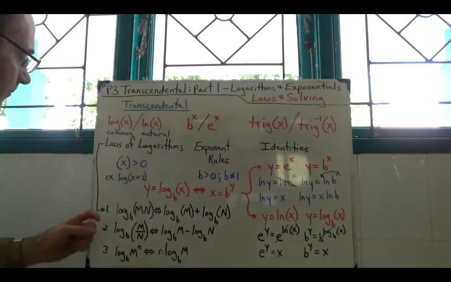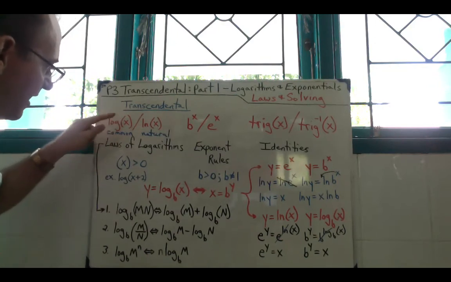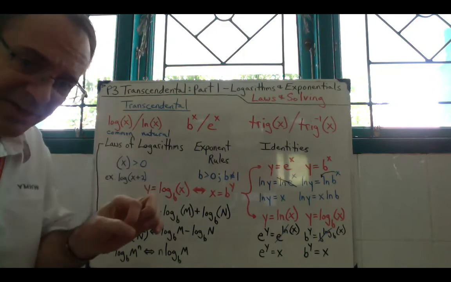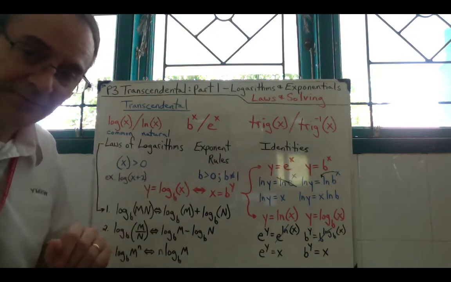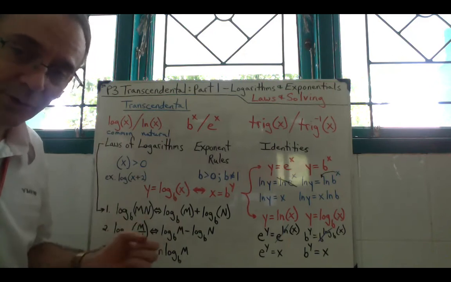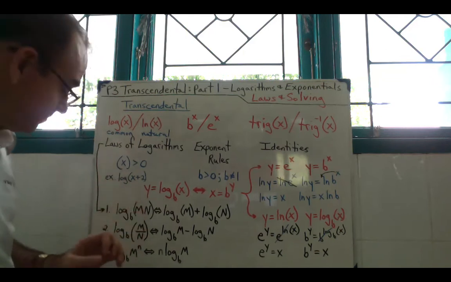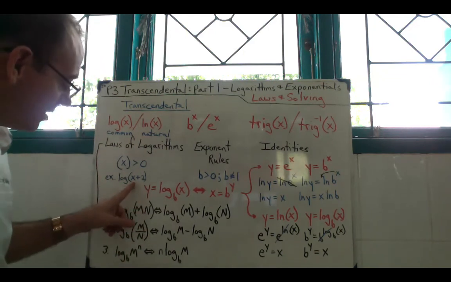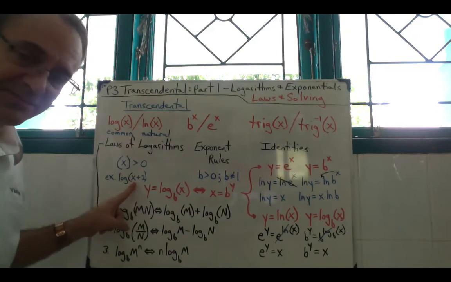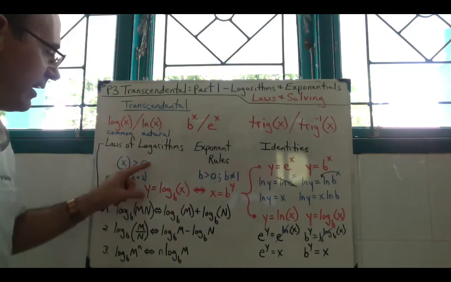For example, notice I put the parentheses around the x to designate the argument. It doesn't mean that x itself cannot be 0 or negative. It's that the value of the argument cannot be 0 or negative. For example, if you have log, it doesn't really matter the base, with an argument of x plus 2, then it is possible to have an x value of 0 because 0 plus 2 is 2, which is still greater than 0.